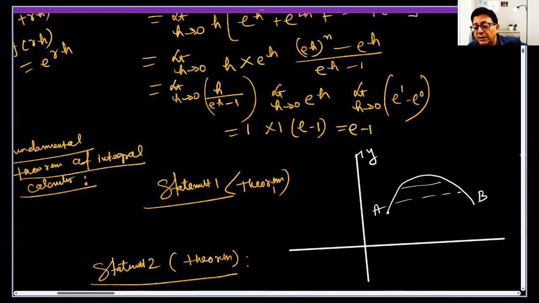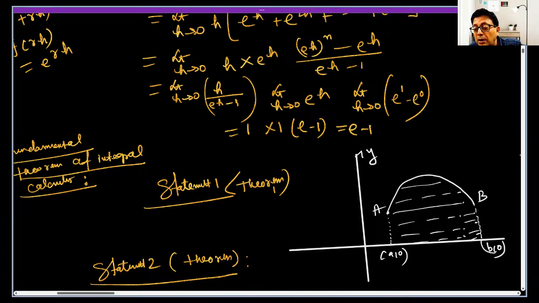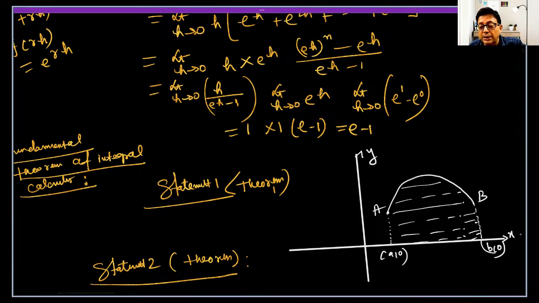This area will represent integral A to B f(x) dx, where the x coordinate of this point is (A, 0), and this is (B, 0).